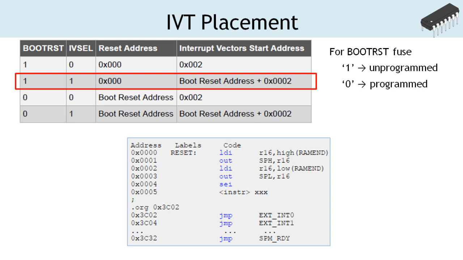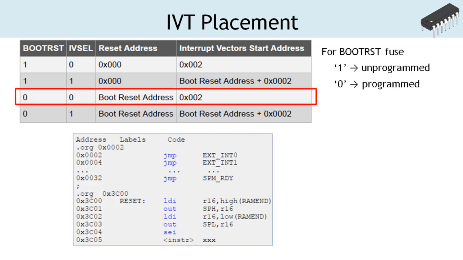3C02 in hex. When the boot reset fuse is set to logic 0 and interrupt vector select bit to logic 0, the reset interrupt service routine is placed at the boot reset address, that is the address 3C00, when the boot flash section size is set to 1024 bytes. The interrupt vector table for the rest of the interrupts is placed starting at 02.